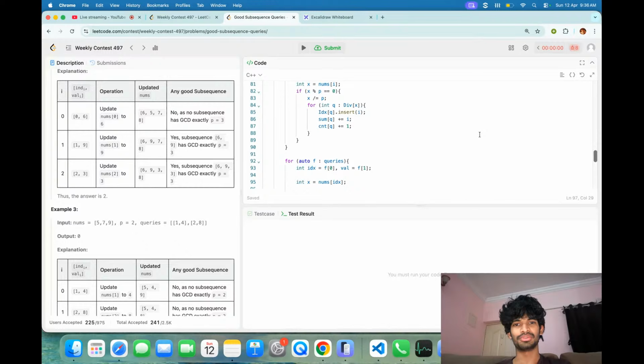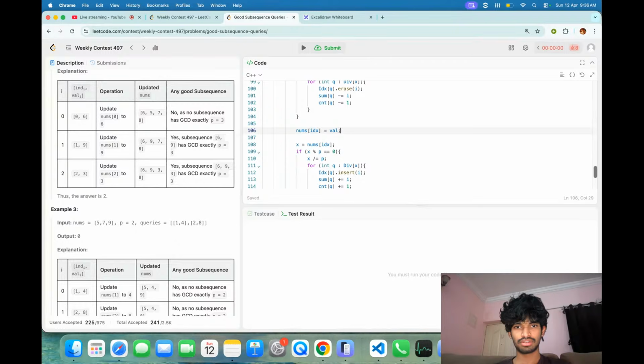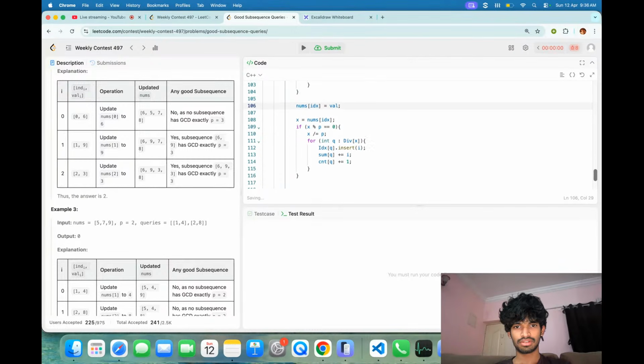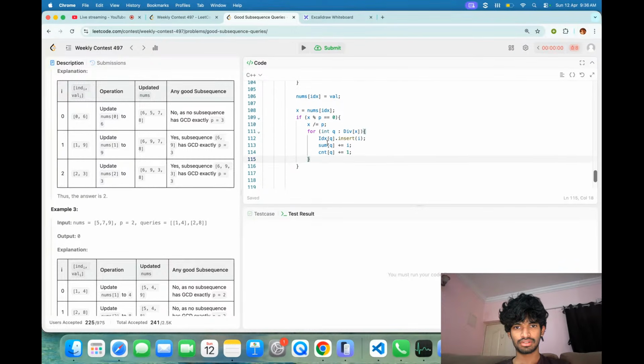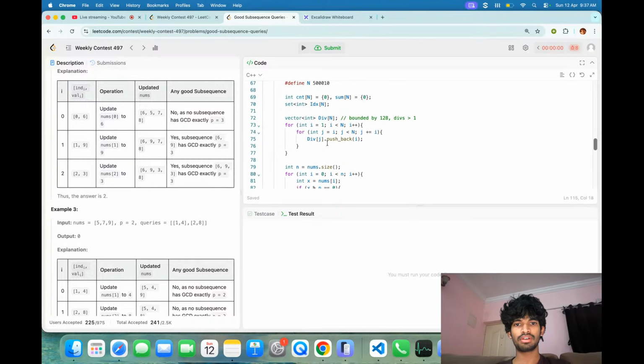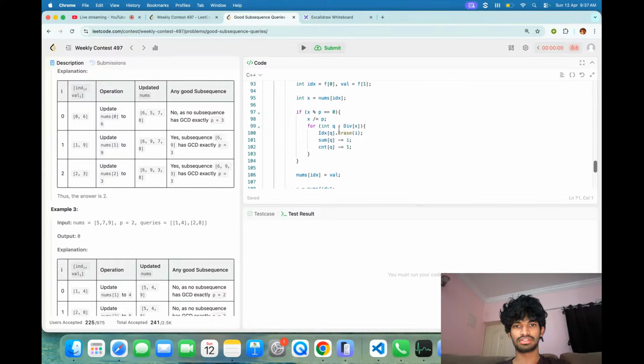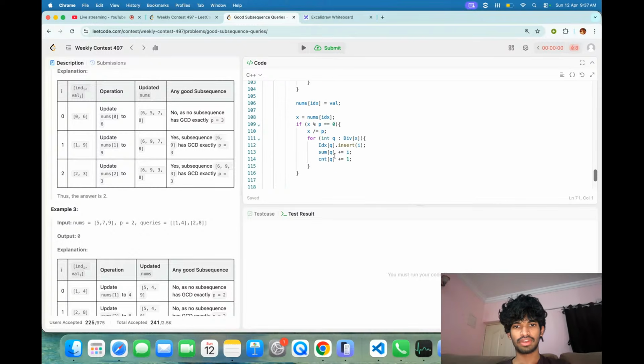So what we have to do is find the maximum of count of this if x is greater than 1.